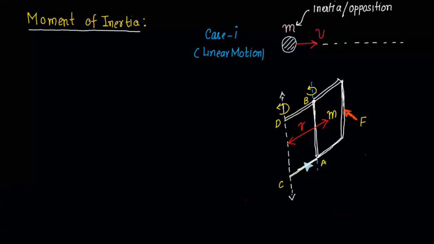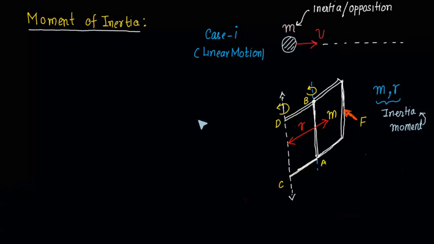But in the second case, when a body performs rotational motion, the mass as well as the distance from the axis of rotation plays the role of inertia. So we have the mass and its distance from the axis of rotation, friends. That is why it is called moment of inertia, because distance is involved. Whenever distance is involved, we call it moment of inertia.